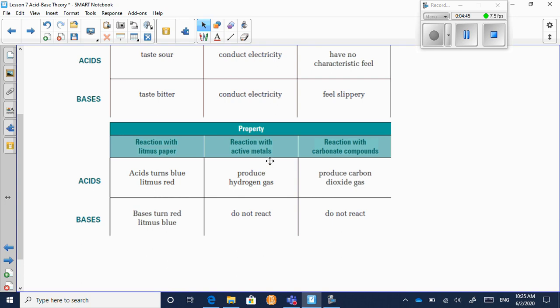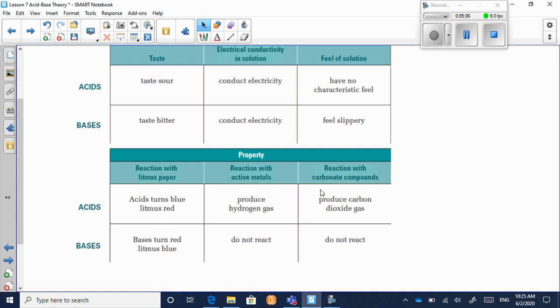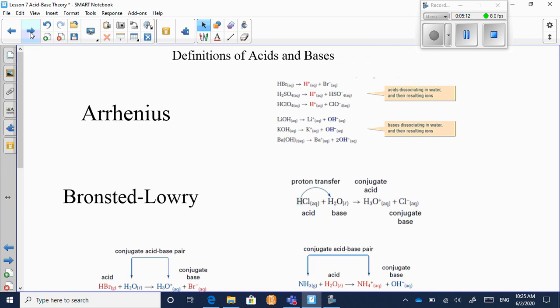Acids react with metals to produce hydrogen gas, whereas bases don't tend to react with the active metals. Acids can also react with carbonate compounds and produce carbon dioxide gas, whereas bases tend not to react. So here are a few properties that are going to help us differentiate acids and bases as we explore them.